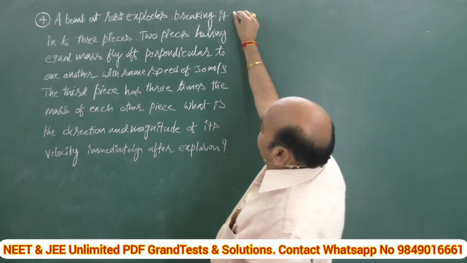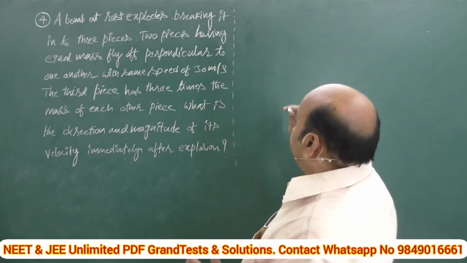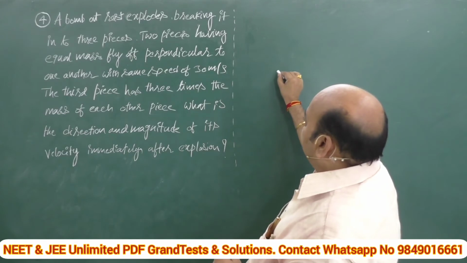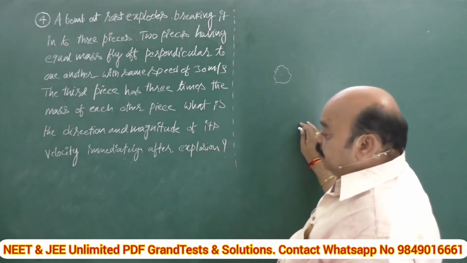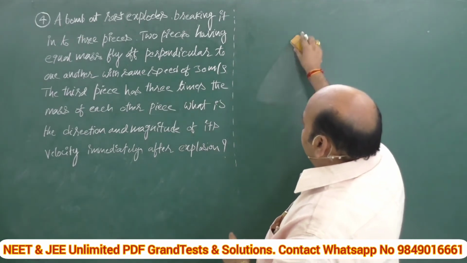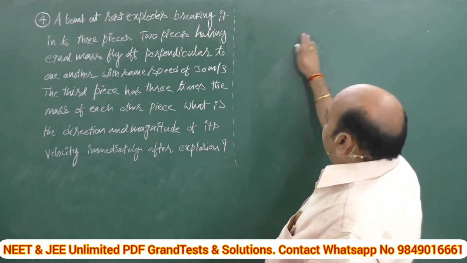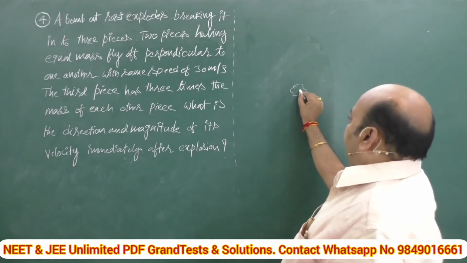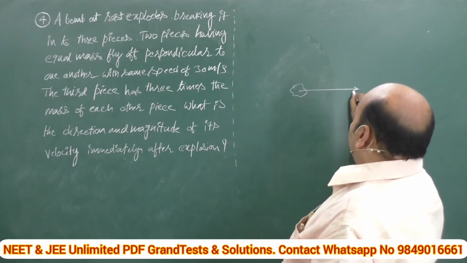Once again I will try to give an idea, using a picture, of what happened. See, this is a bomb initially at rest. When it explodes, what happened? It splits into 3. 2 pieces fly off perpendicular to each other.